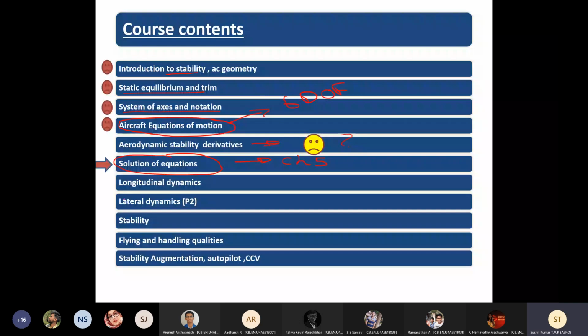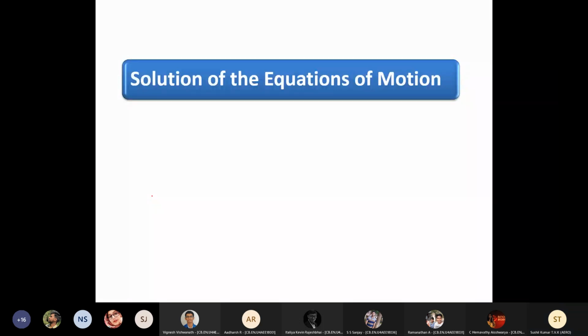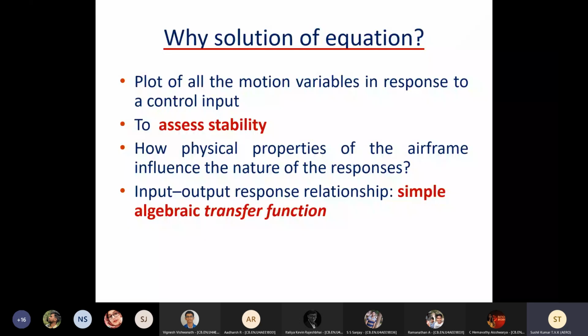So why go for this solution at all? Finally, we want a time domain plot of all these motion variables in response to some control input. Fortunately, you have done this simulation in your avionics lab. You plotted pitch attitude theta versus time for a given step input.